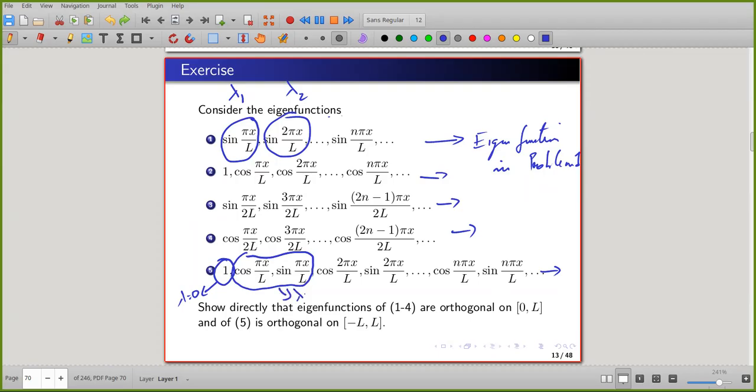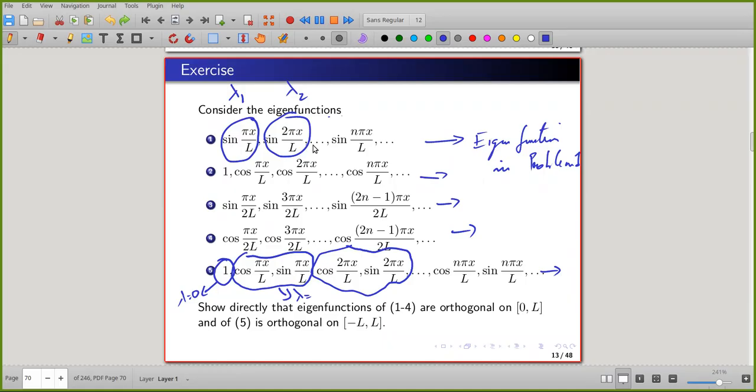So you have to compute lambda, right? All these are going to be a basis for the eigenspaces. And so the exercise here is that all these are orthogonal to each other.